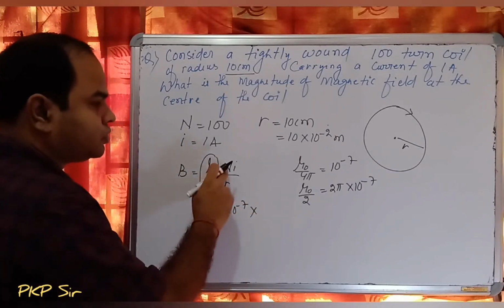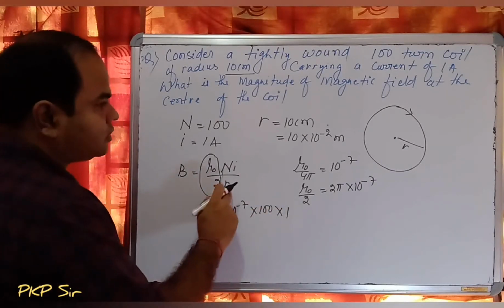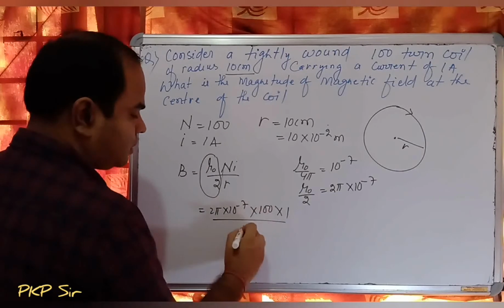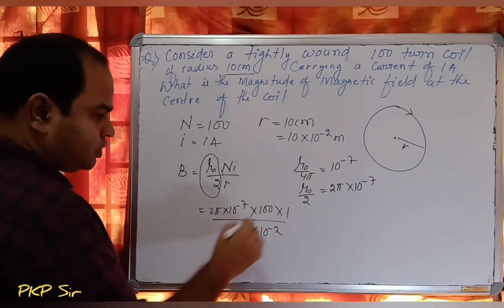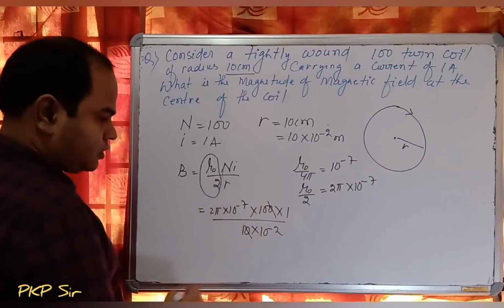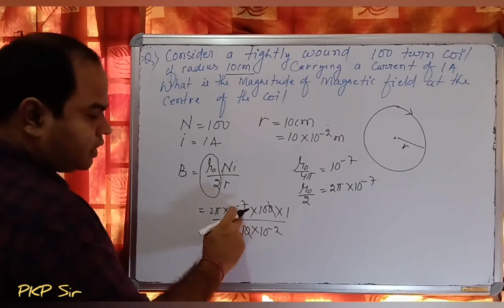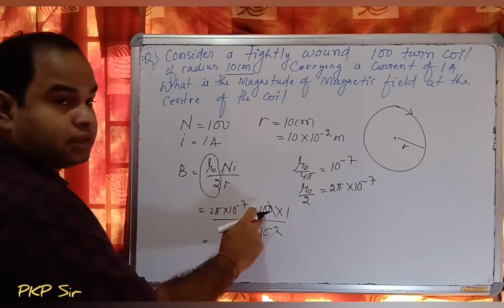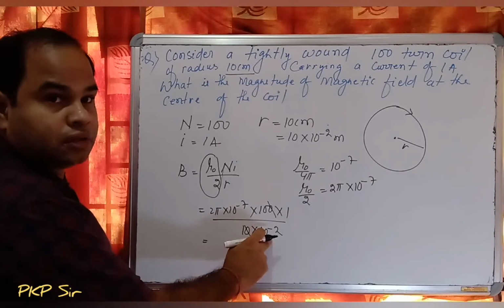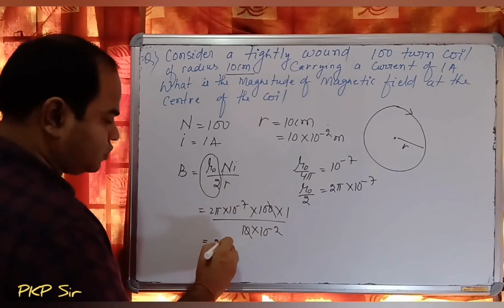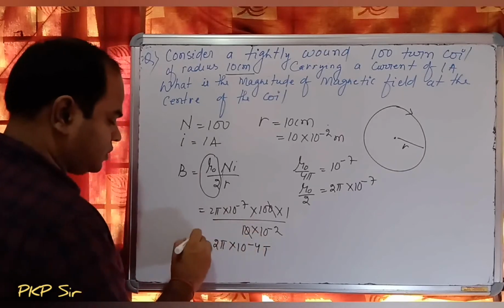N is 100, I is 1, r is 10 into 10 to the power minus 2. So this is 2 pi into 10 to the power minus 7 into 10 to the power minus 4 ... that is 2 pi into 10 to the power minus 4 Tesla.